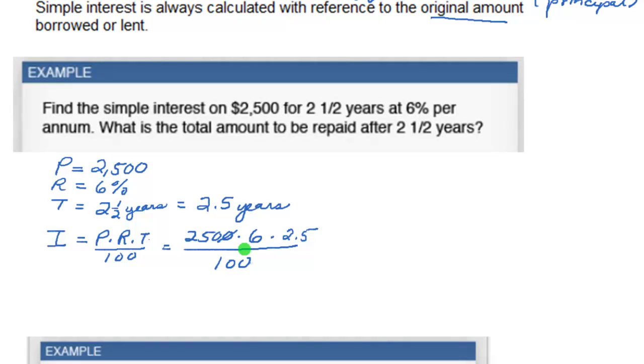And so we're going to cancel these zeros here. We've done that before. And then we have 25 times 6, which is 150, right? And then that's times 2.5. Okay, so let's go ahead and do this multiplication here.